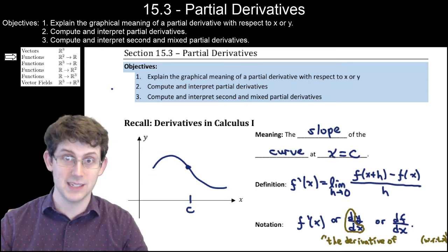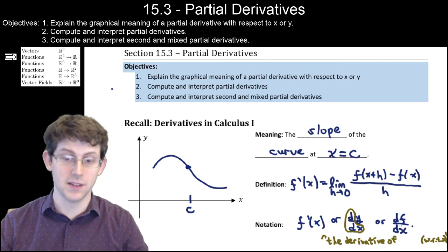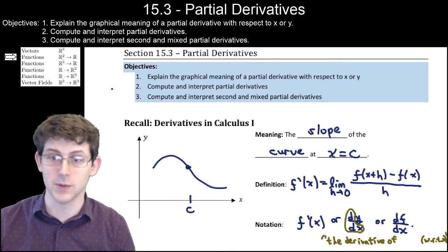So dy dx means the derivative of y with respect to x. df dx means the derivative of f with respect to x. So that's what it meant in Calculus 1.